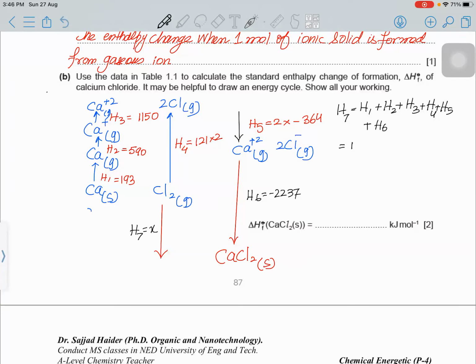So H1 is 193, H2 is 590, 1150, plus 2 times 121, plus 2 times minus 364, plus minus 2237. Now tell me the answer.